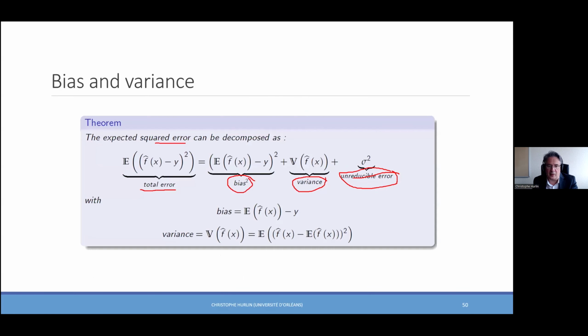So when I have a model, I can always decompose the total error as the squared bias, plus the variance of my model, plus the variance of the error term. What does it mean? It means that when I have a large error in my forecast, it can come from the bias or from the variance.